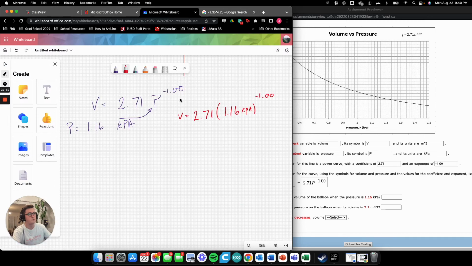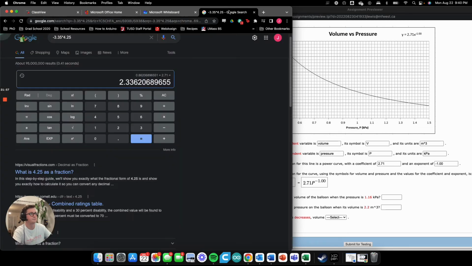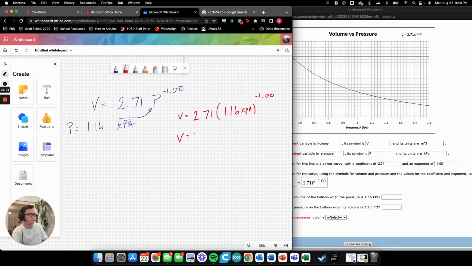Okay, that gives us a volume of 2.336 some. We're going to cut off there and round, so it becomes 2.34. Well, we're measuring volume, so that's going to be meters cubed.